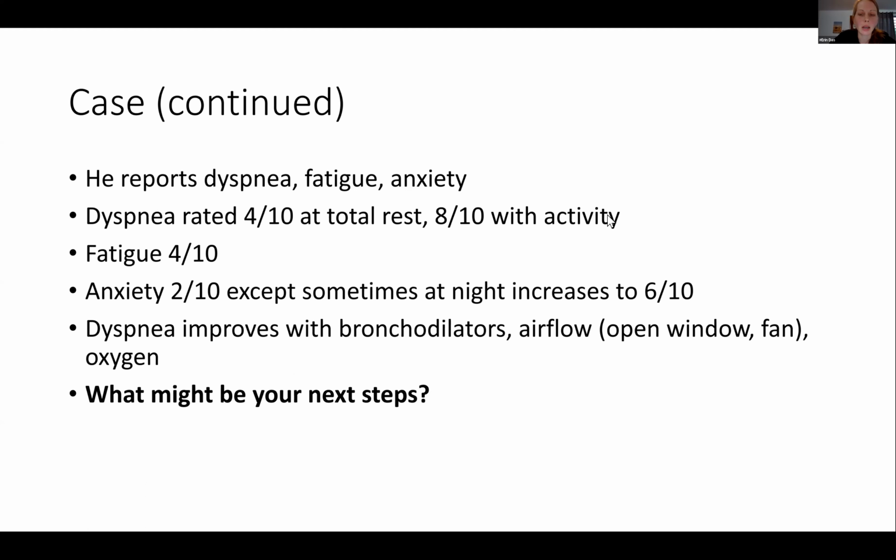So it seems like for this patient, an 8 out of 10 is definitely a symptom we would not want to just leave his house with. So what could we do to support him with his dyspnea? So we could investigate heart failure. So this is a home visit for a palliative care patient with COPD, but we could investigate for that.